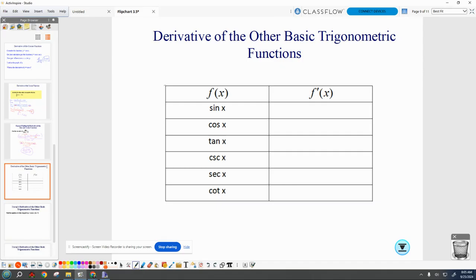Okay, derivative of sine was cosine. Derivative of cosine? Negative sine, okay. Tangent. How can I rewrite tangent with sine and cosine only? Sine over cosine?